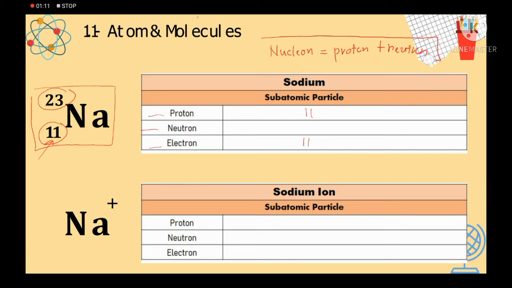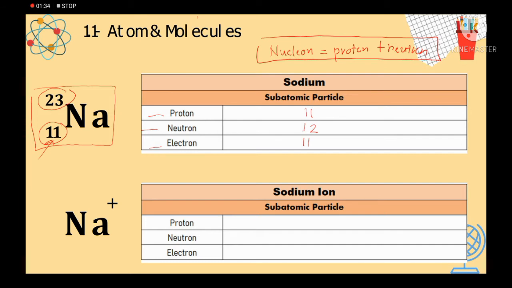Here we already have 23 nucleon and 11 proton. So the number of neutron should be 12. Good. This is how you identify the subatomic particles if they give you the isotopic notation.